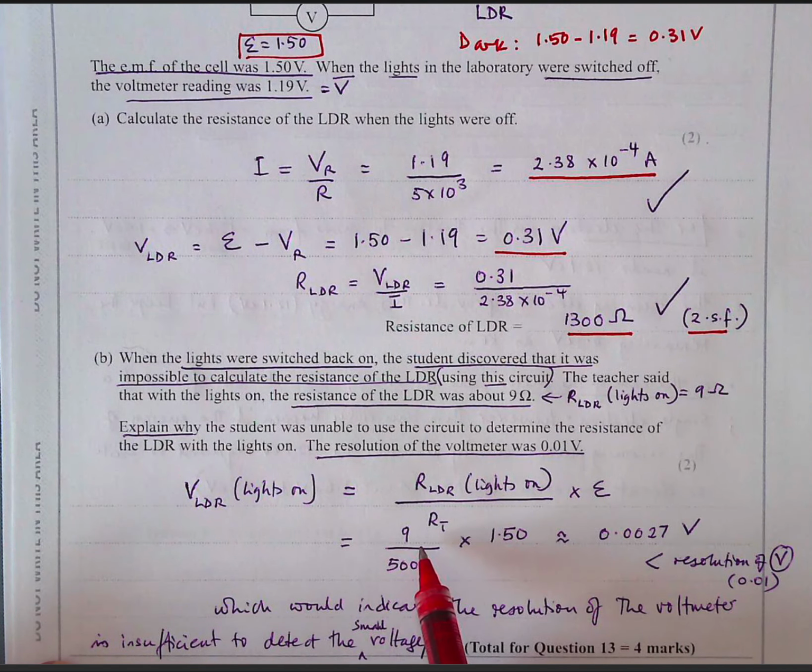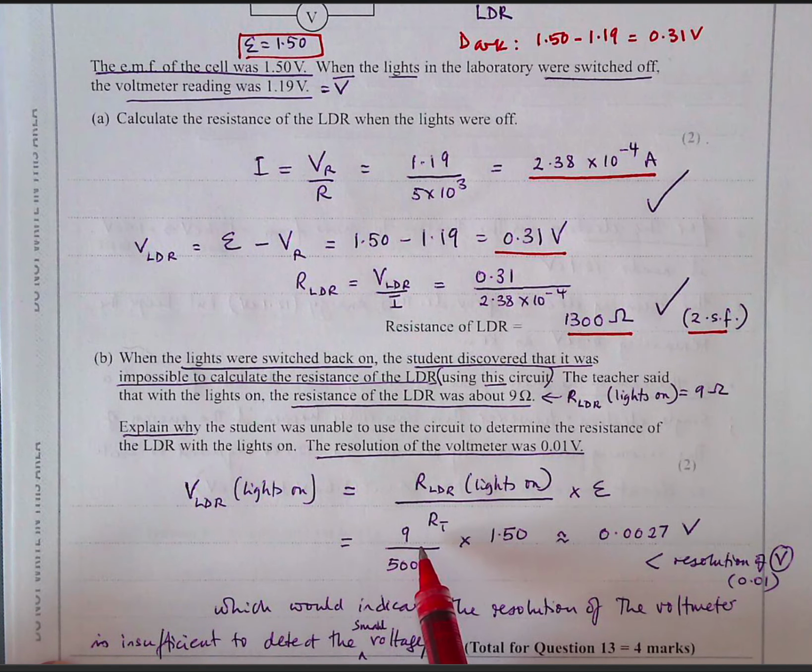So that means it's a fraction, and the resolution of the voltmeter is 0.01 volts. So the voltmeter can't detect the drop, and it will just read the full value across the main resistor. Okay, because the LDR becomes very low resistance, so it's not getting its share of it.